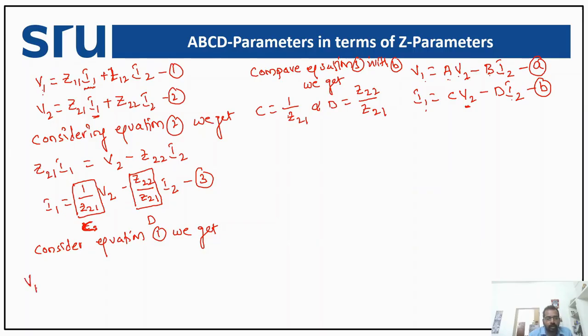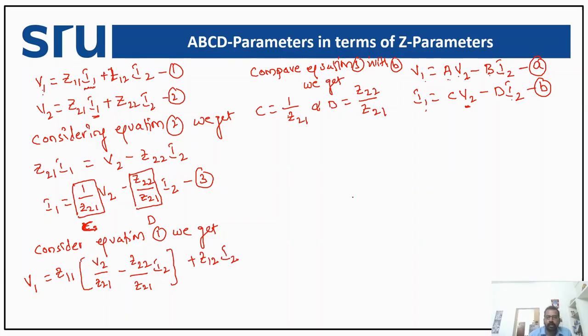So V1 is equal to Z11 times I1, which is V2 by Z21 minus Z22 divided by Z21 I2, plus Z12 I2.